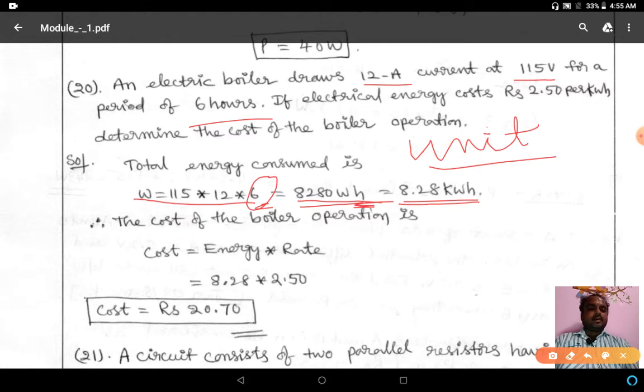So almost above 8 units we are consuming. Cost is equal to energy into rate: 8.28 into 2.50, since 1 unit costs 2.50. So the cost is equal to 20 rupees 70 paise.